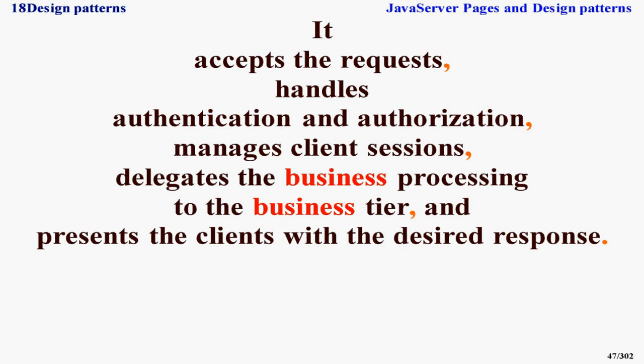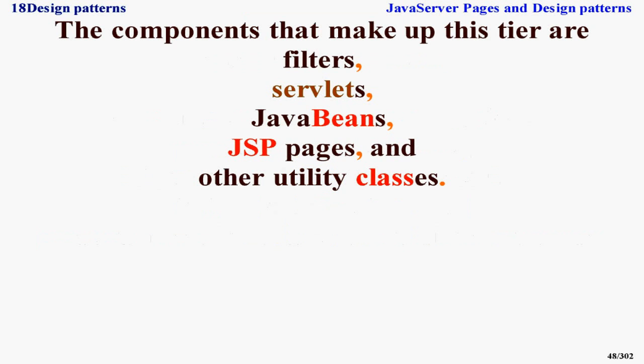It accepts the requests, handles authentication and authorization, manages client sessions, delegates the business processing to the business tier, and presents the clients with the desired response. The components that make up this tier are filters, servlets, JavaBeans, JSP pages, and other utility classes.